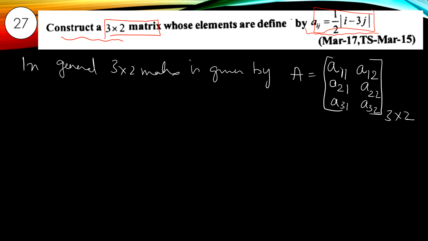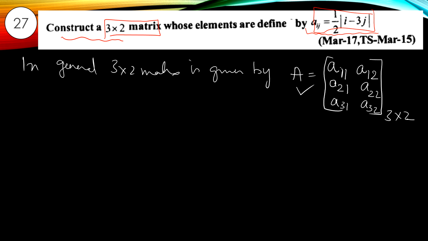Okay, so A11, A12, A21, A22, A31, A32 are the elements of this given matrix. So now we need to find these values. If we find these values and substitute them in this A matrix, then we are done with the construction of this 3 by 2 matrix, right?